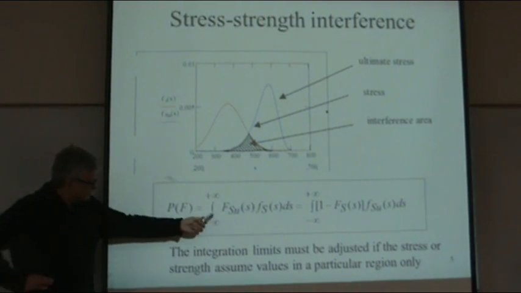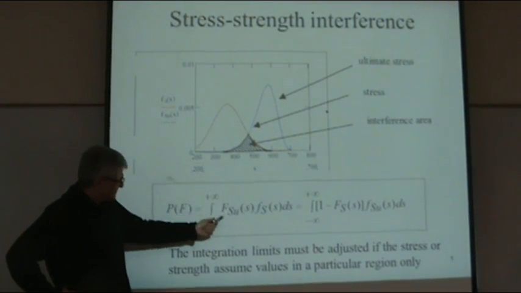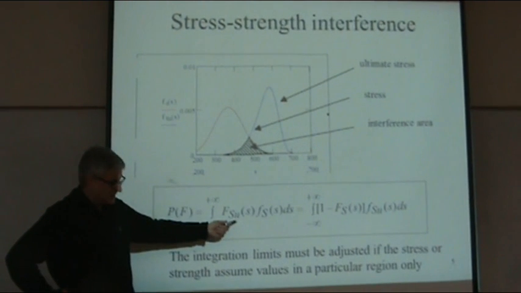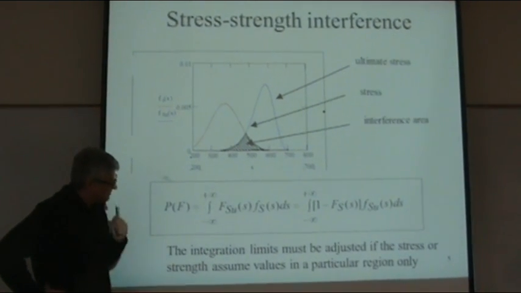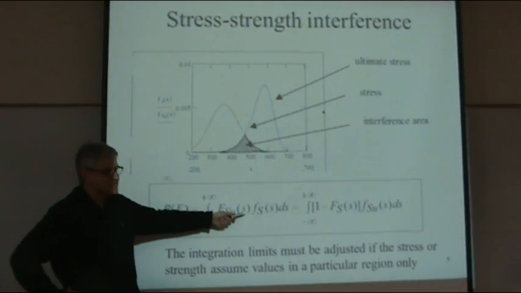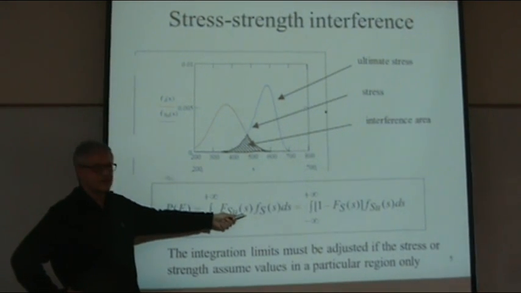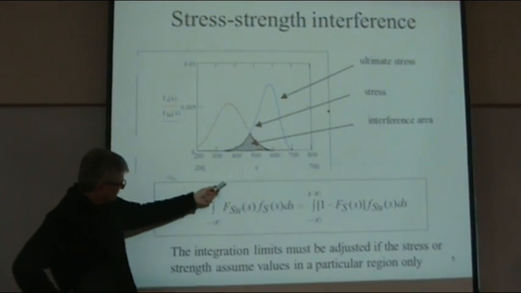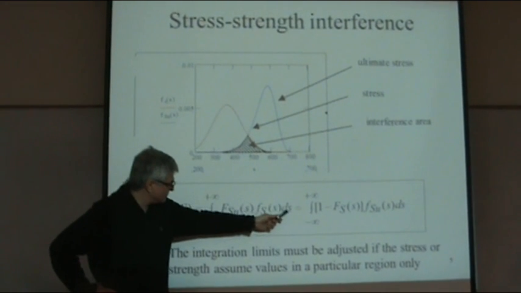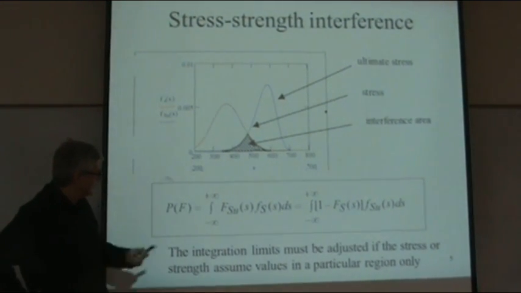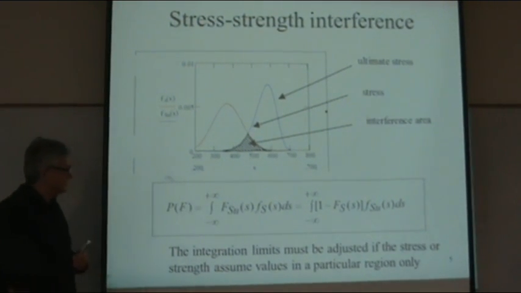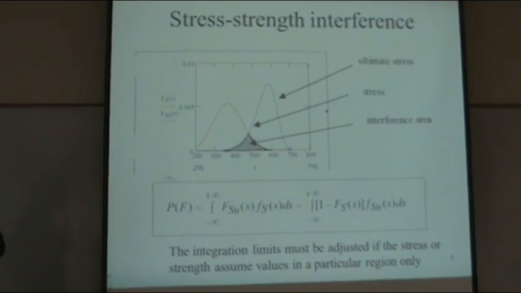So this first term, the cumulative distribution of the strength, is the conditional probability of the strength being less than S for a particular value of S. And then if you integrate over all possible values of S, then you find the probability of failure. Okay?